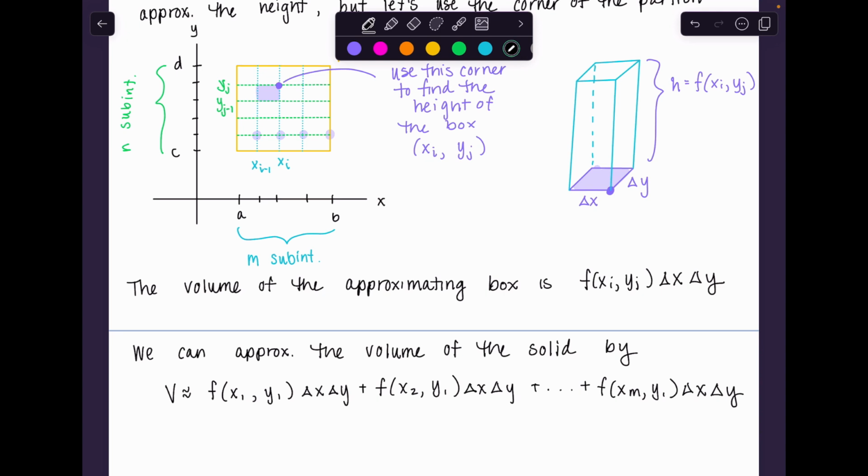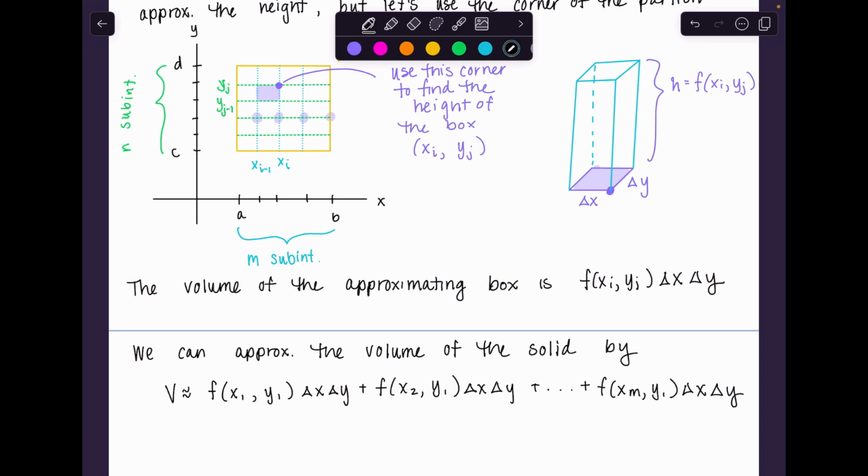Okay. Now I move on to the second row. And so again, now this is x1, y2. Then this next one would be x2, y2. And you keep going until you hit xm, y2.